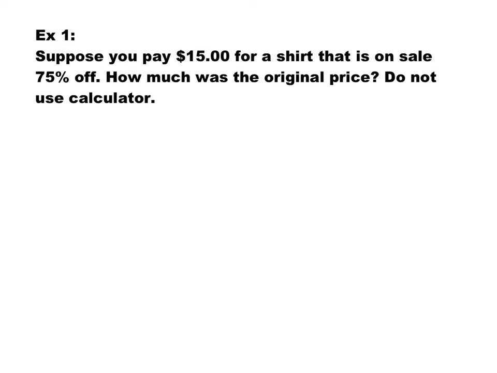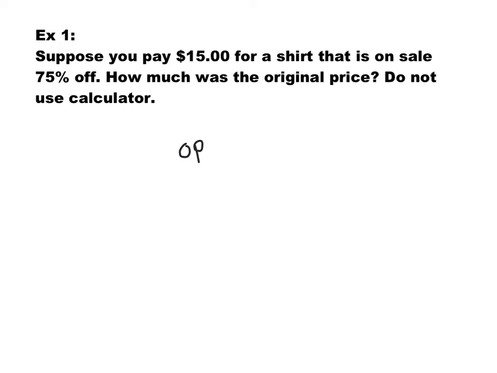The next example says that suppose you pay $15 for a t-shirt that is on sale for 75% off. How much was the original price? Meaning the price before the 75% off. To do this question, let's say the original price, I call it OP.